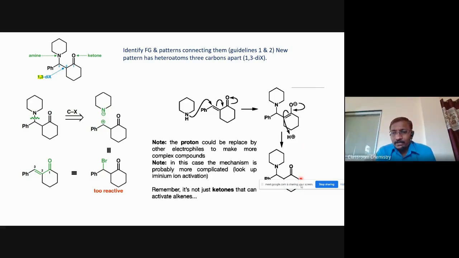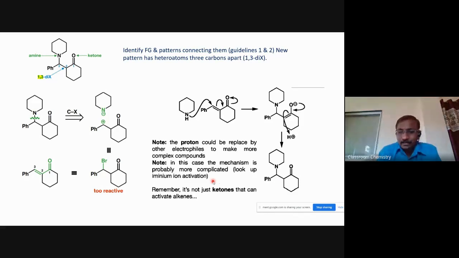As it is a ketone in this case, but there is a double bond also there, there may be a possibility of complications. So for this purpose, conjugate addition is the more reliable thing over here.